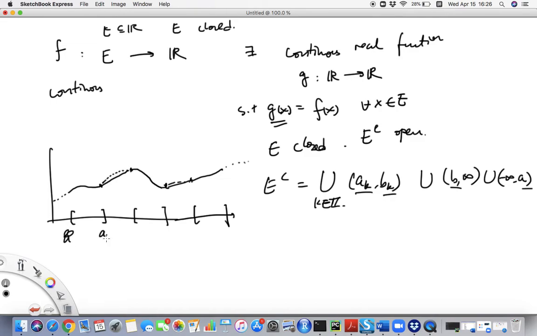So that's its ak, that's bk, an open interval, and we want to go from here to there. So this is f of ak, and this is f of bk. We can define g of x to be this.